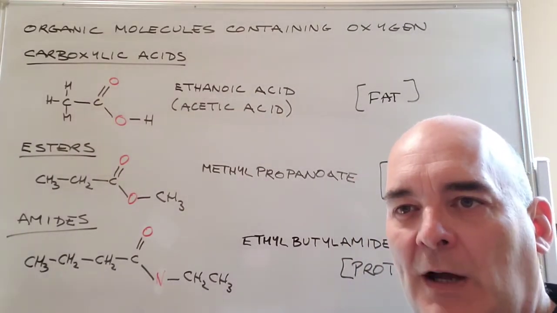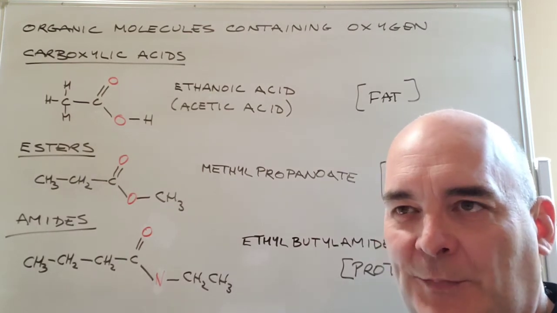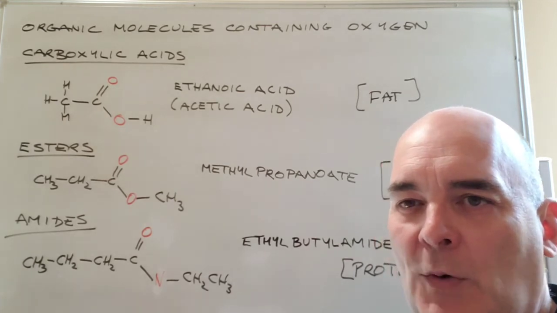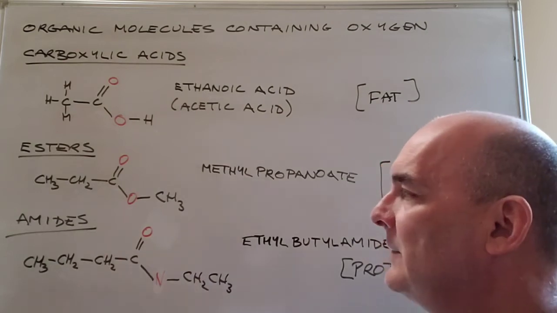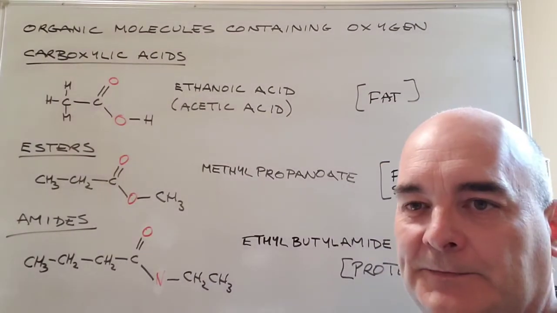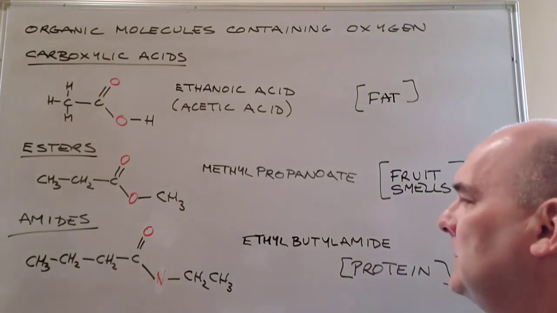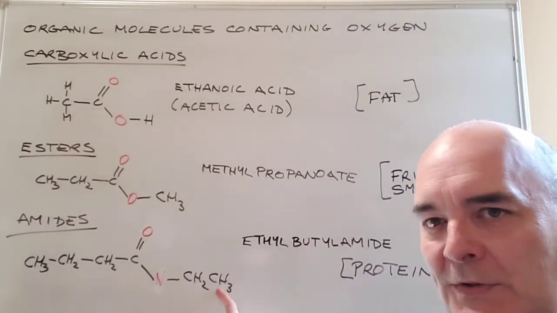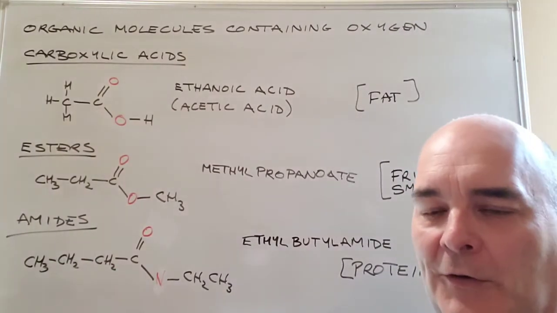And amides are what keeps the building blocks of proteins together. The building blocks of proteins are called amino acids, and you build them into amides. This one would be called ethyl butyl amide. There's the ethyl, it's a substituent, and butylamide is the name of the longest chain.